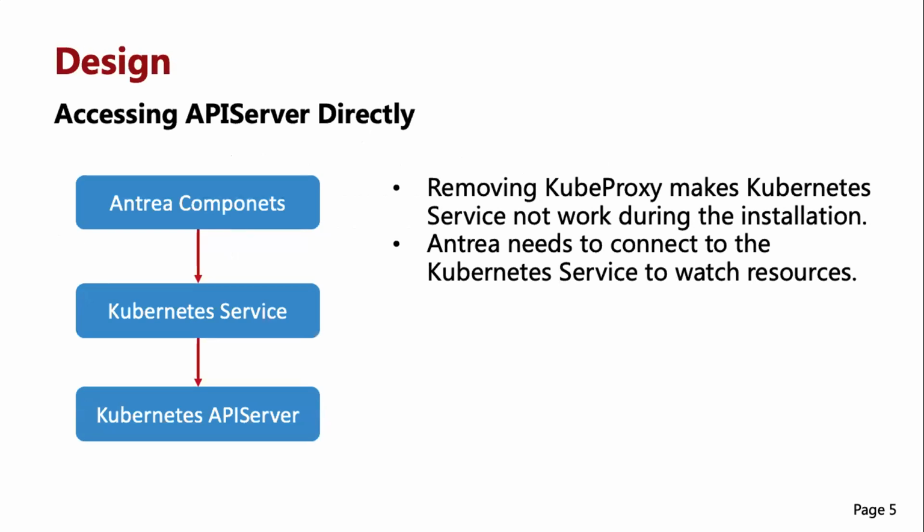The kube proxy may not exist when we are installing Antrea in the future. This will make services not work during the installation. Meanwhile, Antrea needs to connect to the Kubernetes service-related resources. To overcome this issue, Antrea agent and Antrea controller should be able to access the Kubernetes API server directly.